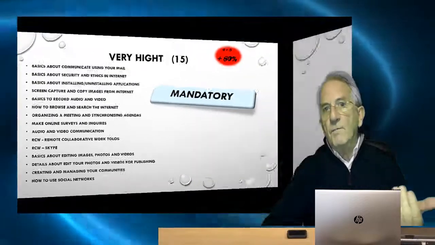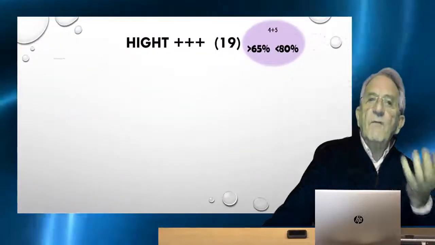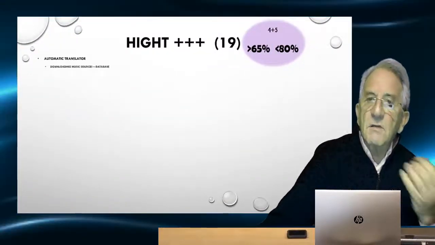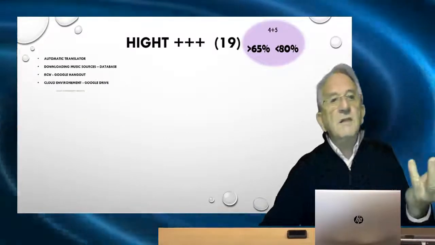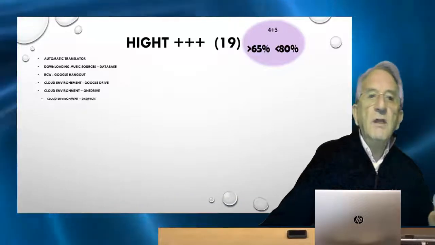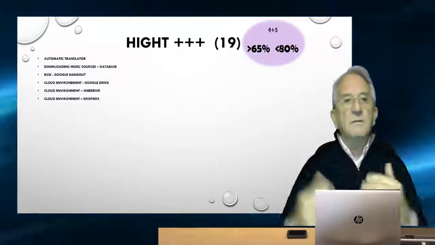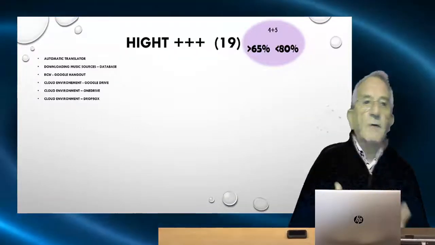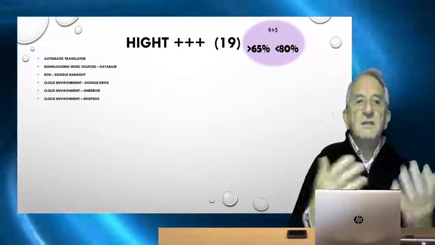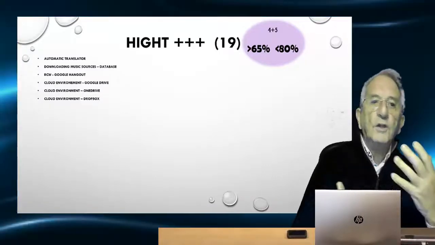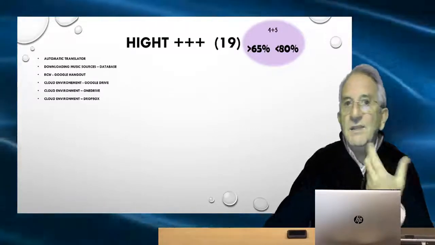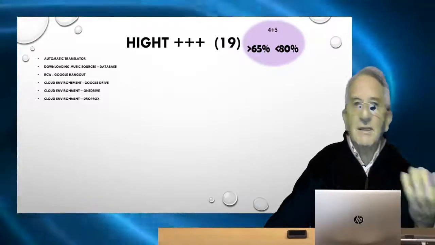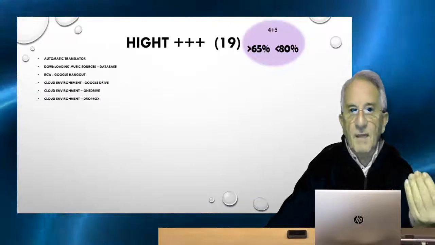But we have more topics with a very high interest, which we have classified as plus: automatic translations, downloading music for backgrounds, Google Hangout, cloud environments in several aspects like Google Drive, OneDrive, Dropbox, or others. It is important that we have this technology available today.